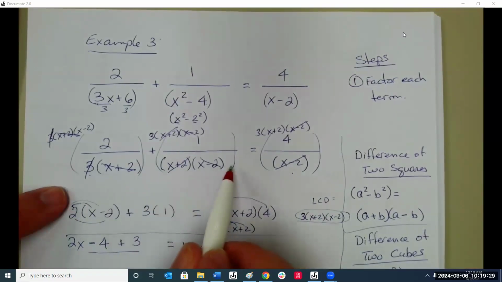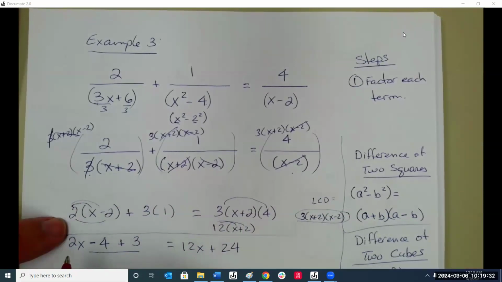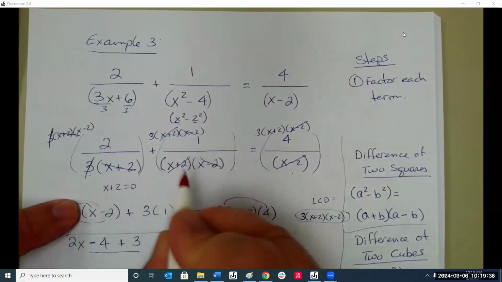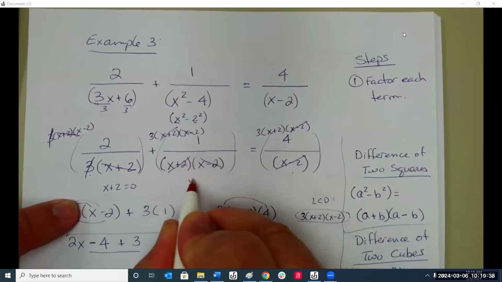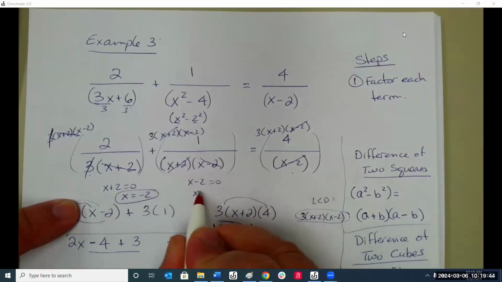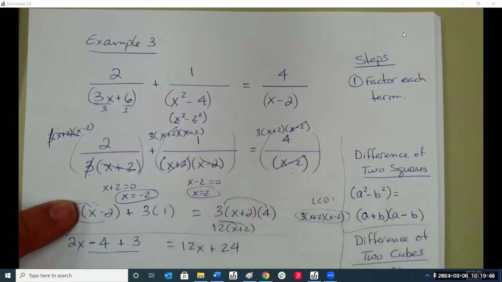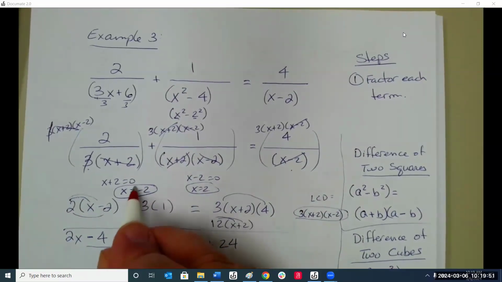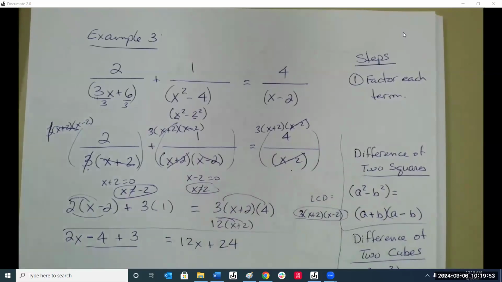Set all of the denominators equal to 0. So x plus 2 equals 0. This is already taken care of. So x minus 2 equals 0. So the only numbers we cannot use are negative 2 and 2. Those are the only numbers that we cannot use. It'll make the bottom equal to 0.